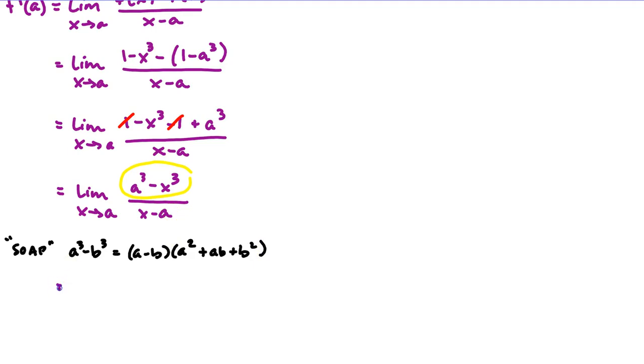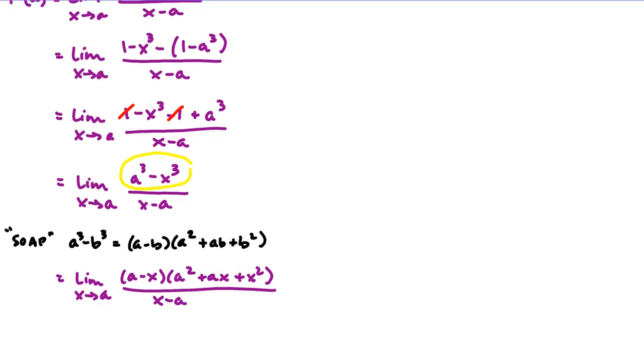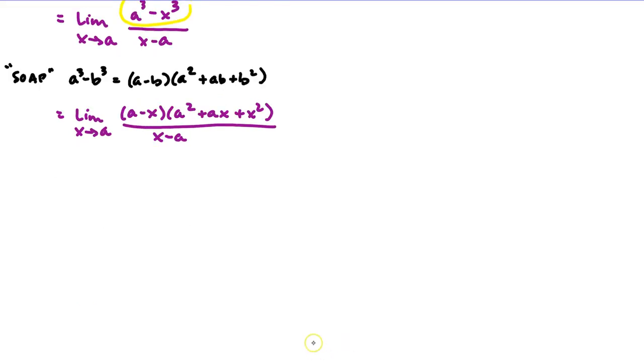So if I factor that numerator, we get a minus x times a squared plus ax plus x squared, and then on the bottom we have x minus a. What are we going to do with a minus x and x minus a? Remember, if you have opposites, they cancel to leave a negative 1 instead of a positive 1, just like 4 minus 2 and 2 minus 4, they would cancel to leave a -1. So I'm going to leave a -1 there.